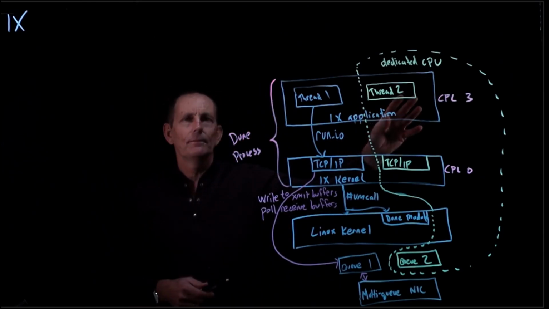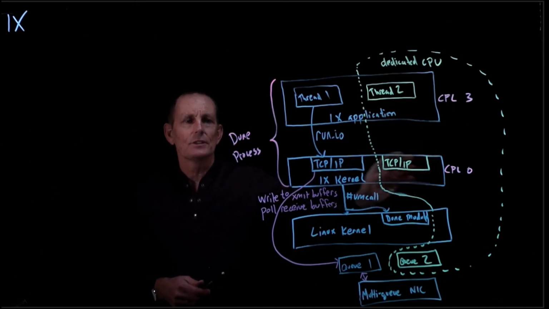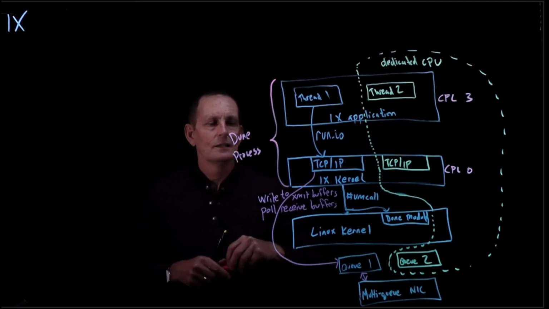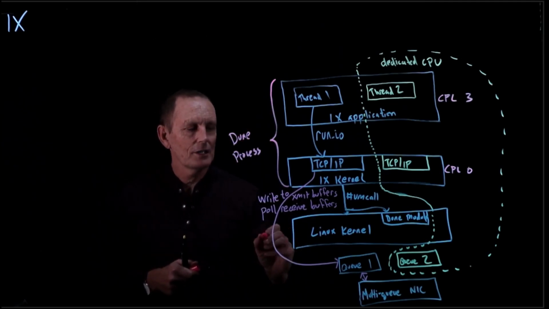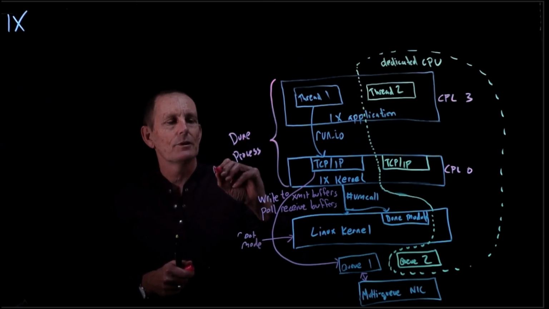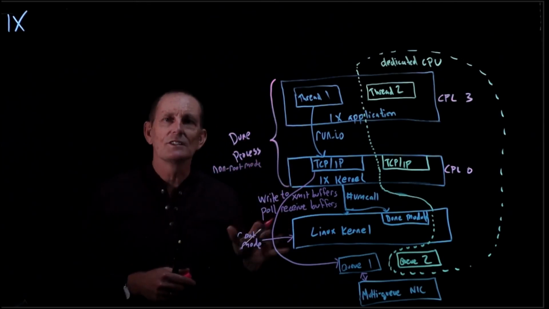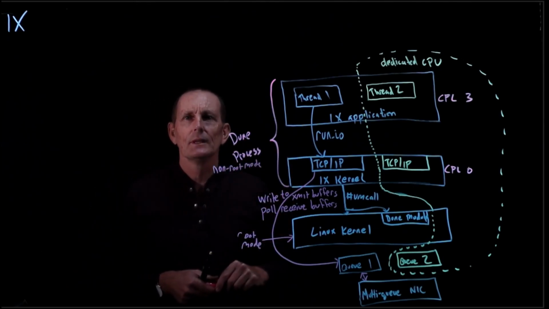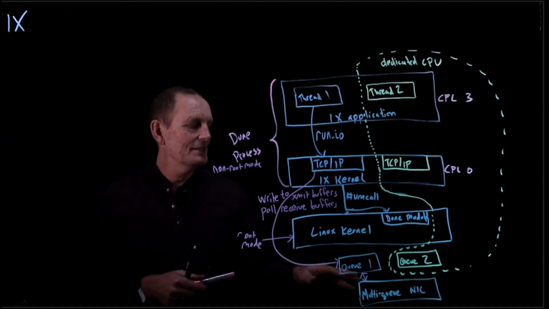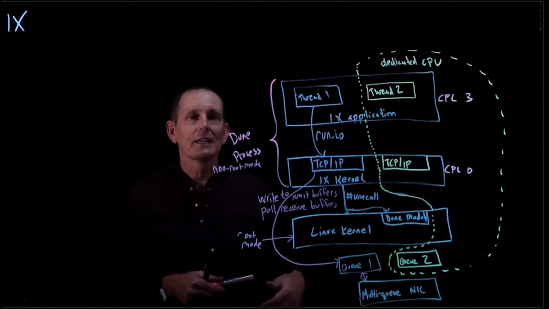So CPL3, CPL0. Of course, the Linux kernel is running in root mode. The Dune process is running in non-root mode. Right, this is just using standard Dune capabilities. The Linux kernel has to actually provide these dedicated queues that the NIC can use, right?